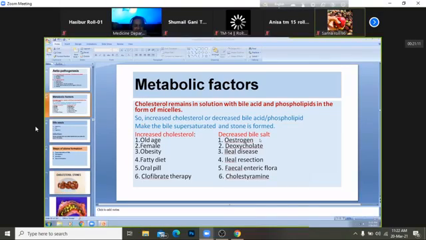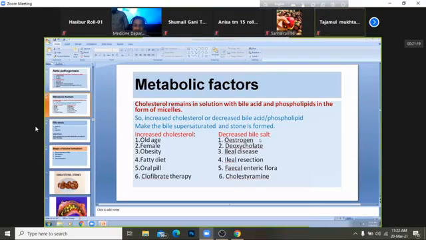You know from your knowledge of physiology that they are arranged in a way that bile salt is a polar particle with the head pointing outwards, that is the hydrophilic, and the tail pointing inwards, that is lipophilic.